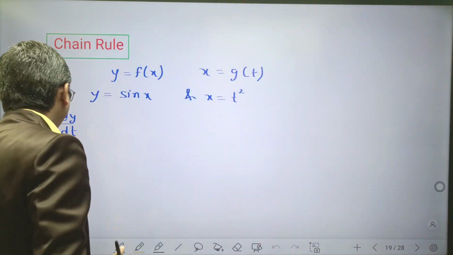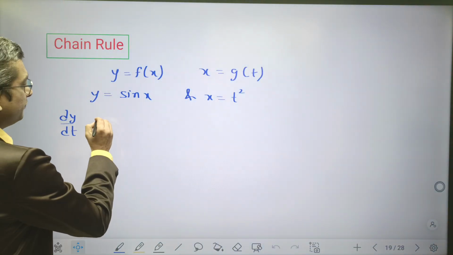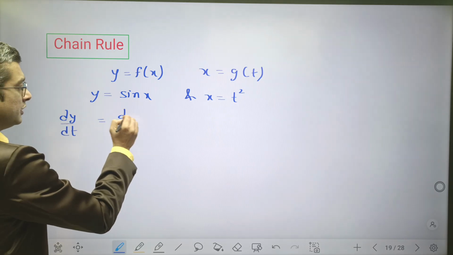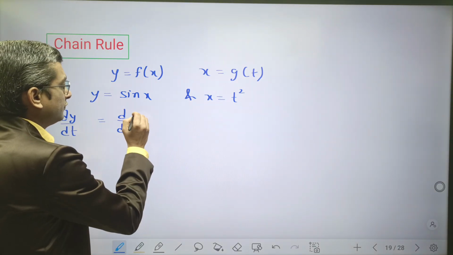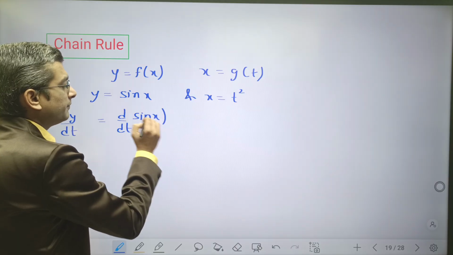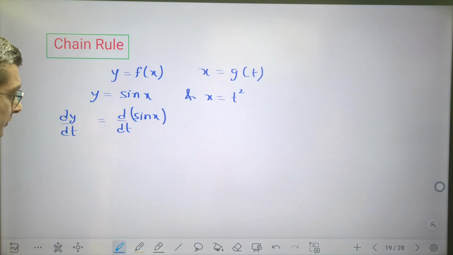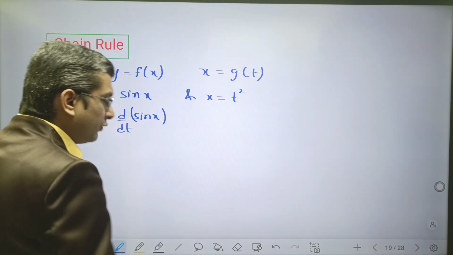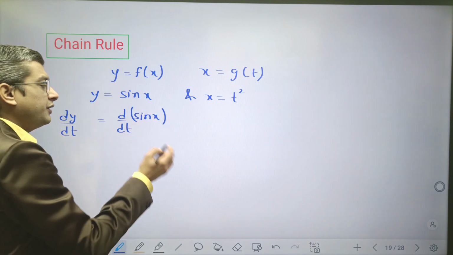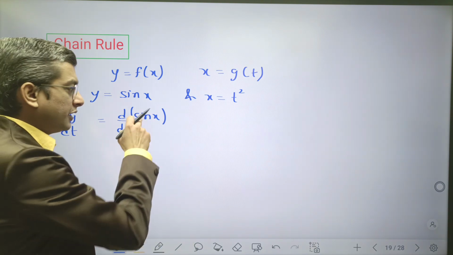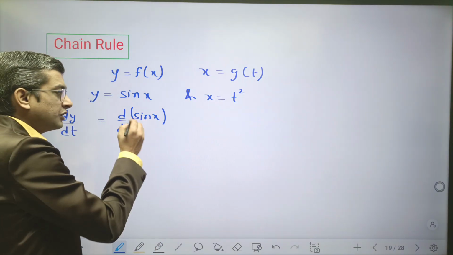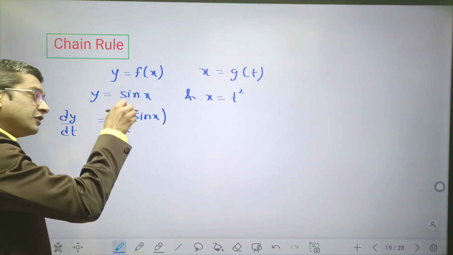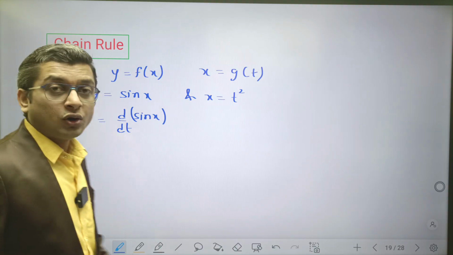For example, if I wish to find dy by dt, it means d by dt of sin x. Y is nothing but sin x. Now observe carefully. Till now, the function is in x and we have been differentiating that function with respect to x. But here the two things are different. The function is in x and we are differentiating this function with respect to t and not with respect to x.